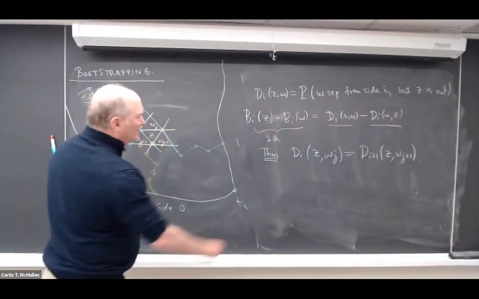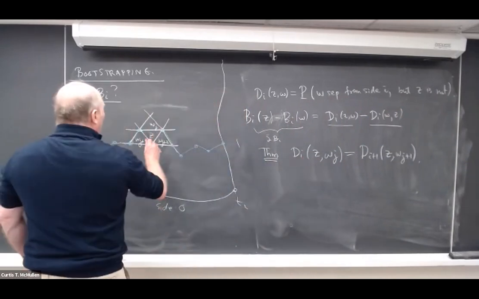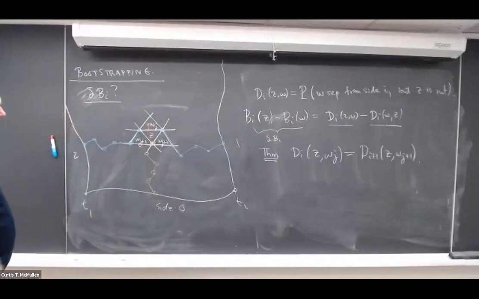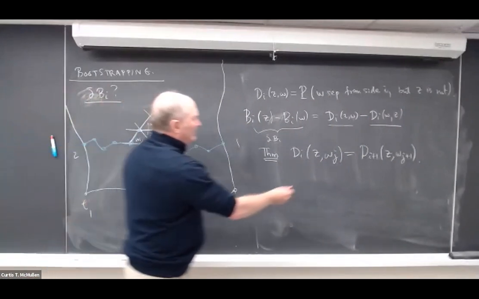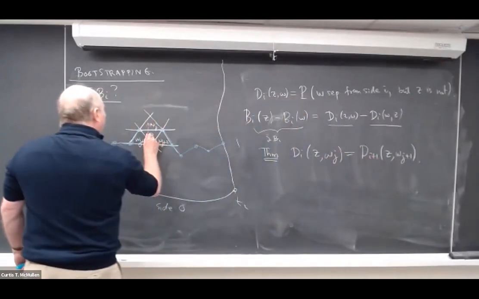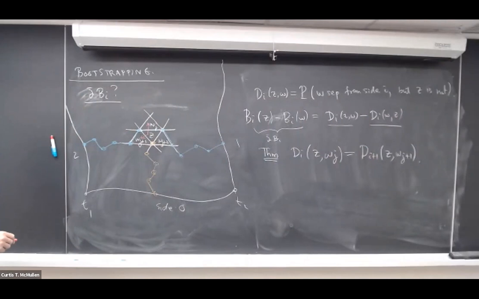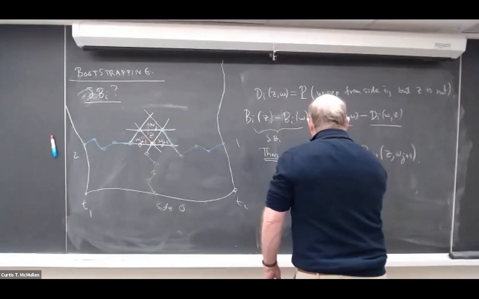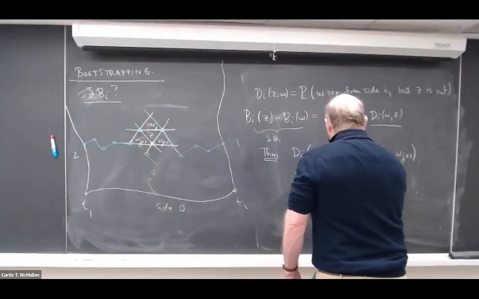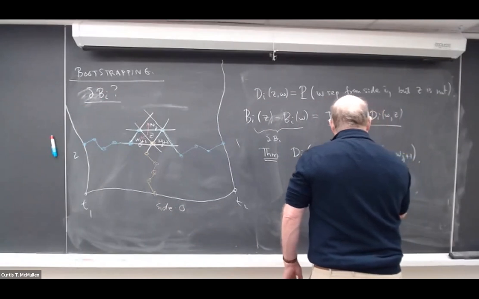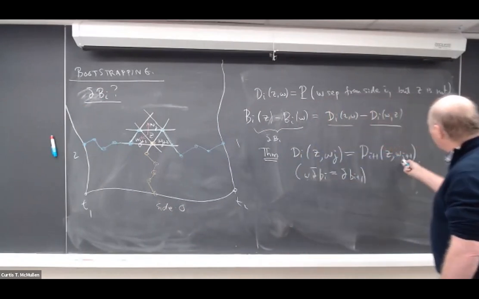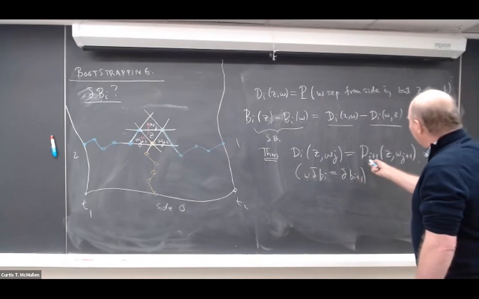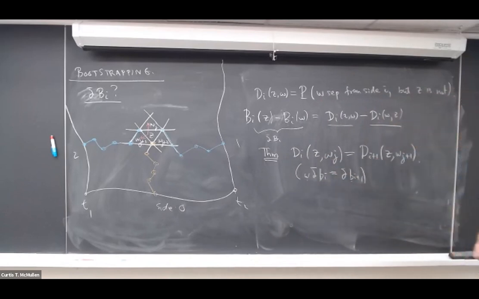It means that this quantity BI of Z Wj, which is sort of measuring the derivative of BI in this direction, is the same as the derivative not of BI, but of BI plus 1, but in this direction. So it's an exact analog of the equation omega d bar BI equals d bar BI plus 1. The omega serves to rotate the direction you're moving, and the BI plus 1 is changing the index of which difference you're measuring.